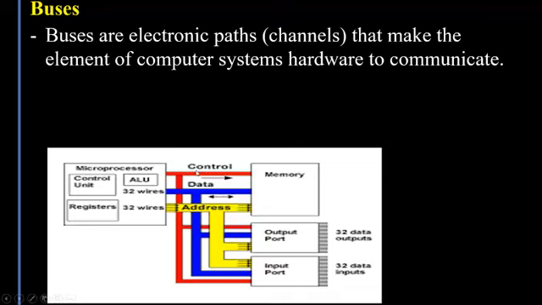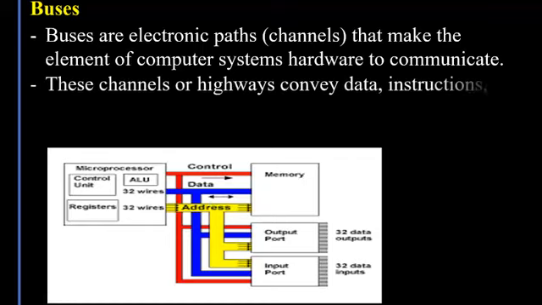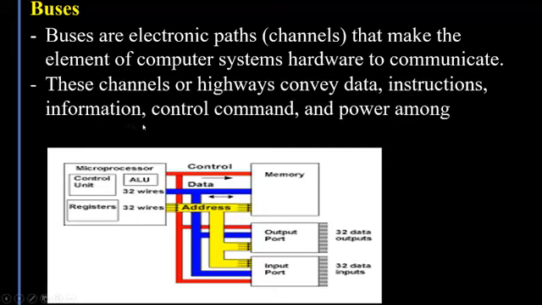But you need to understand that we have three major types of buses. We have control bus, data bus, and address bus. We are going to look at them in this very topic as we move ahead. So, these channels or highways convey data or instruction, information, control command, and power among communicating elements.